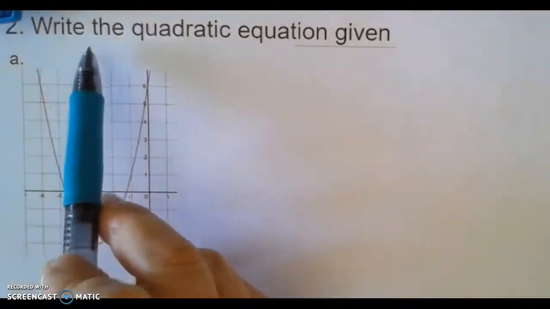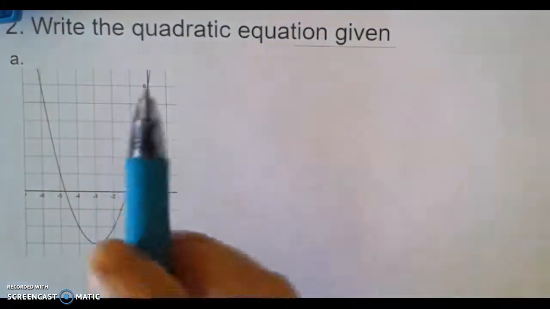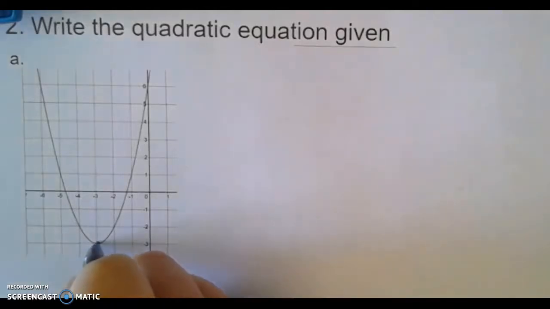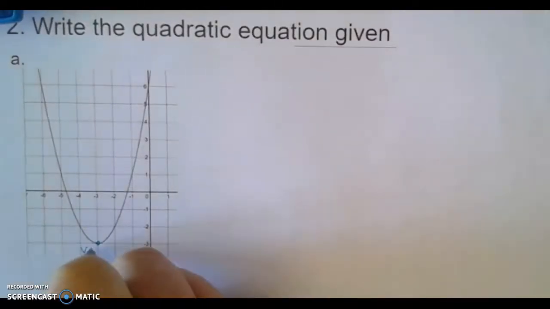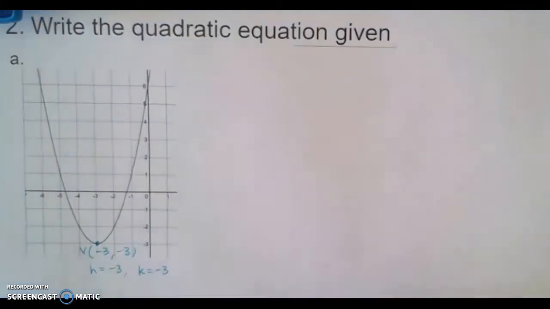So I am asked to write a quadratic equation given a graph. Probably the easiest way is, since we know the vertex, what's the vertex? The coordinate is -3, -3. That means h is -3 and k is -3 in the vertex form.